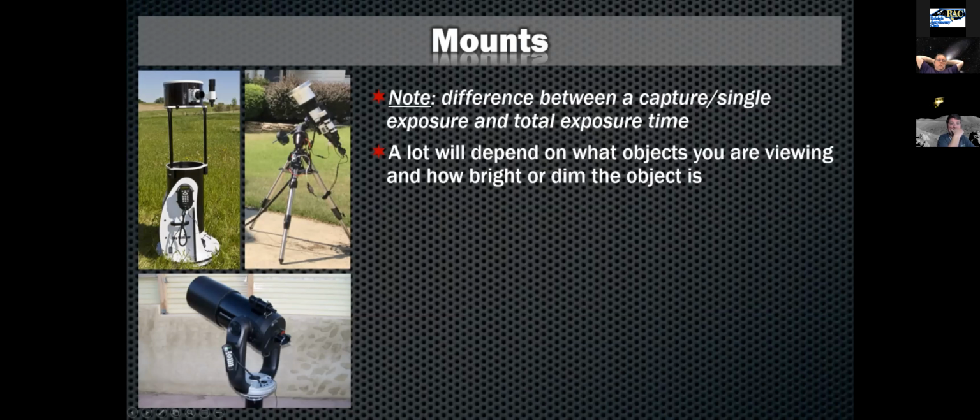And that's these other two telescopes. This is my refractor in the top right, as well as an alt-az tracking scope down in the bottom. In these cases, you can do a close to unlimited amount of total exposure time because these are tracking, and the software can just keep building and building those images.